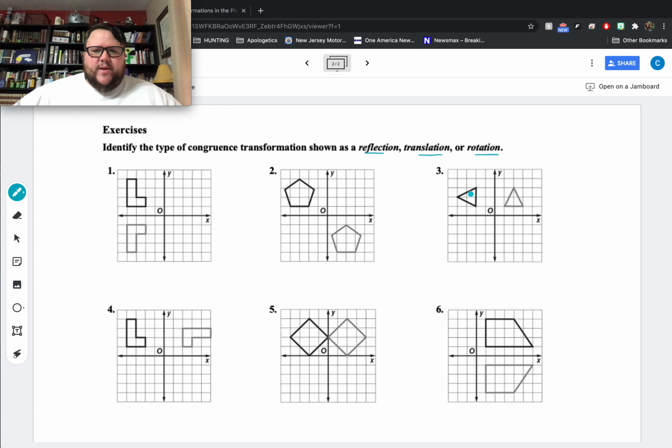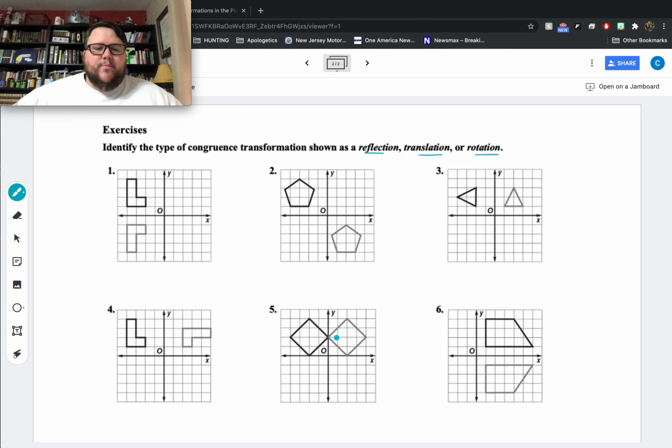If you notice in three, the triangle, and I'm going pretty quick, but you guys can write down the answers as you're watching the video, of course. As it's rotating, it's turning, so that's a rotation. Number four, if you notice, the orientation is not the same again, so it is a rotation. Number five is a little tricky, actually.